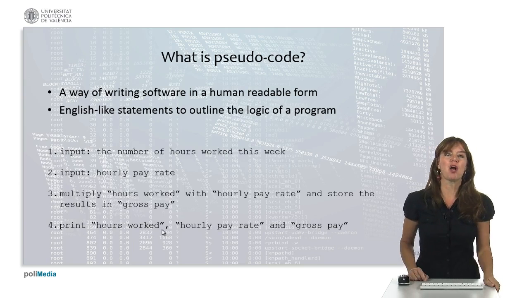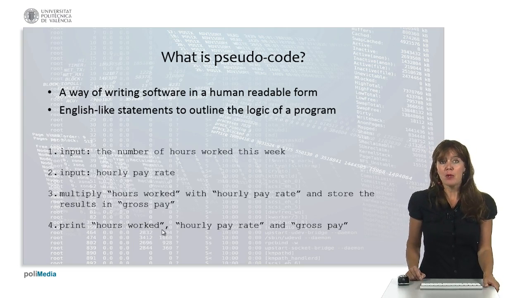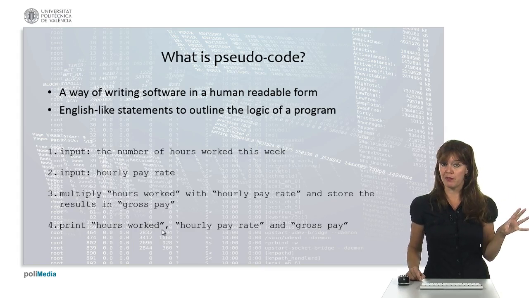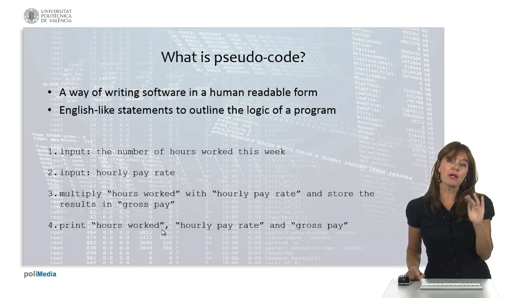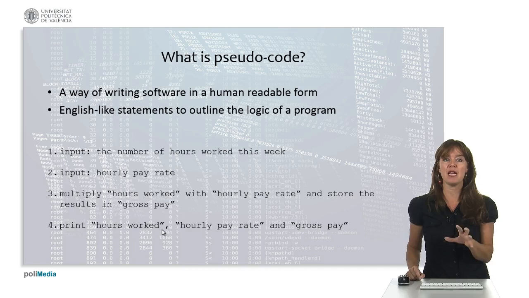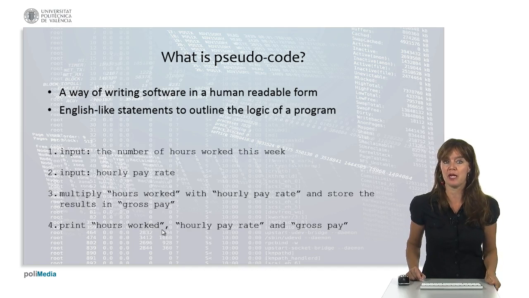So let's look at the example here on the slide. We first say we want to input the number of hours worked this week. Then we also want to input the hourly pay rate. And then we want to multiply the hours worked that we have input before with the hourly pay rate that we've also input, and store the result of multiplying these two numbers in a variable called gross pay.